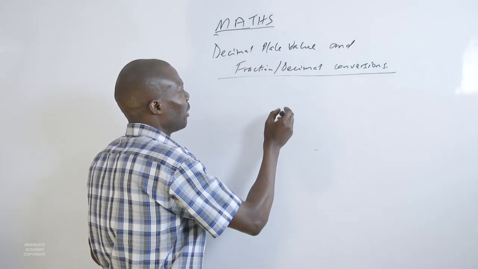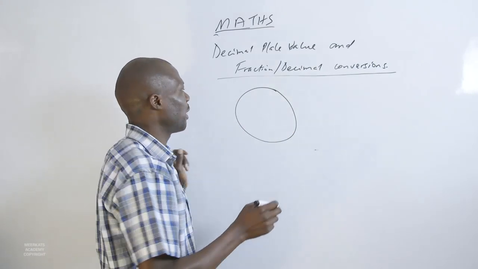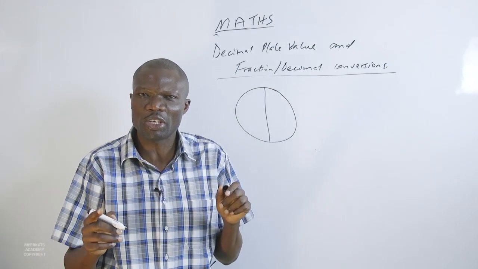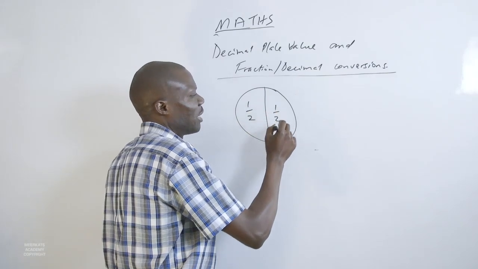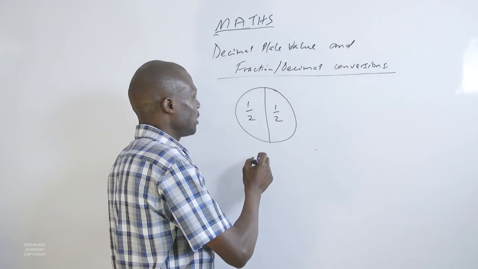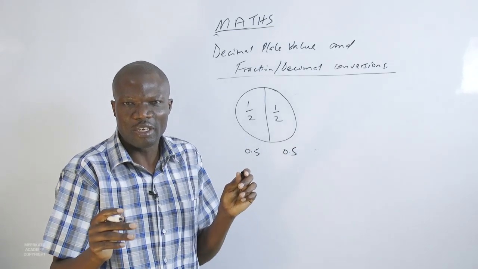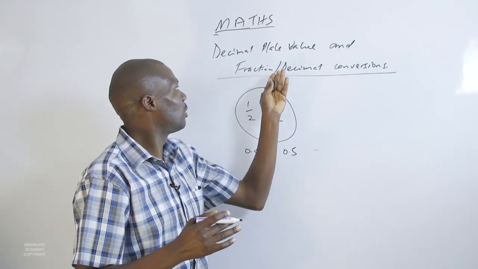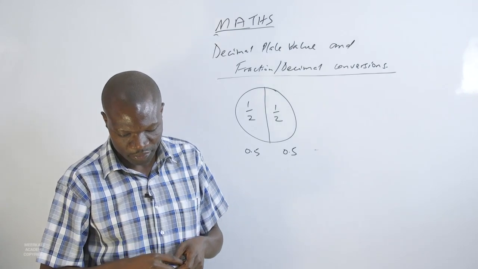For example, if we have this circle divided into 2, using fraction, we shall say this side is a half, and this side is a half. But using decimal, we shall say this side is 0.5 and the other side is 0.5. You notice that it still forms part of a whole. That's what a fraction or decimal is defined as.